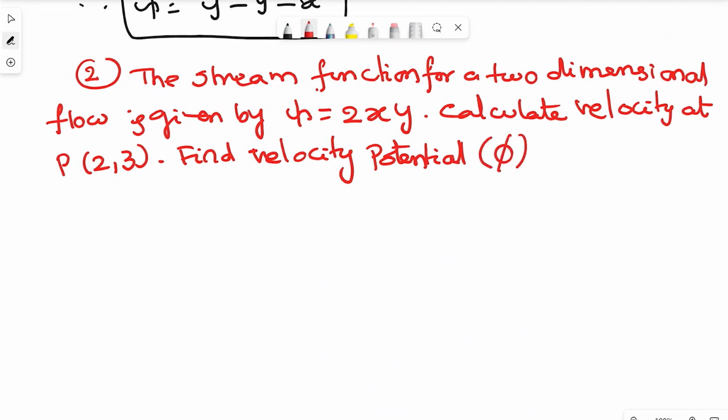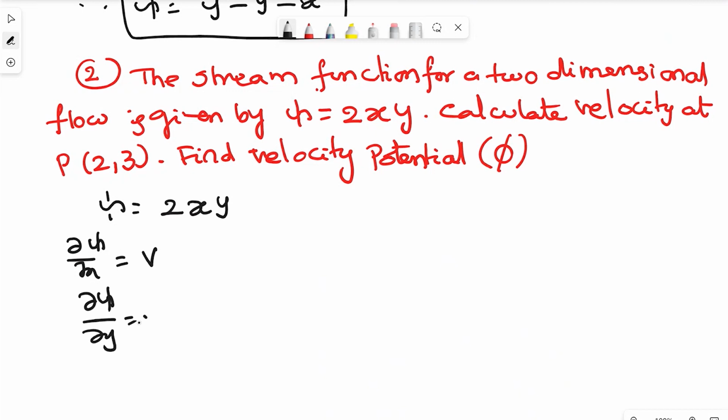So first let me take the calculation. Psi is equal to 2xy. We know dou psi by dou x is equal to v. Dou psi by dou y is equal to minus u. This is our notation. So first, v is equal to dou psi by dou x, that is dou by dou x of 2xy.